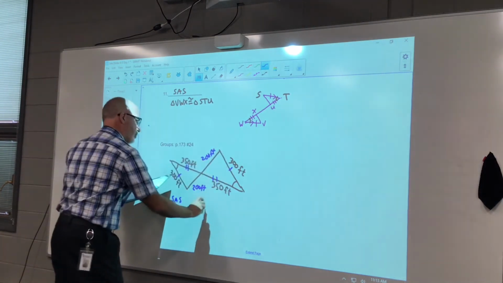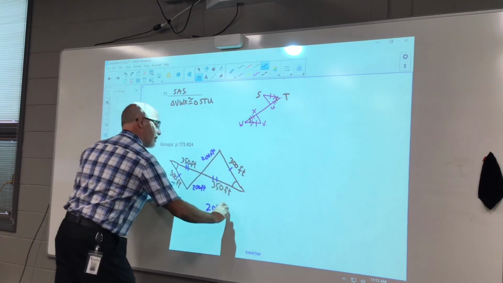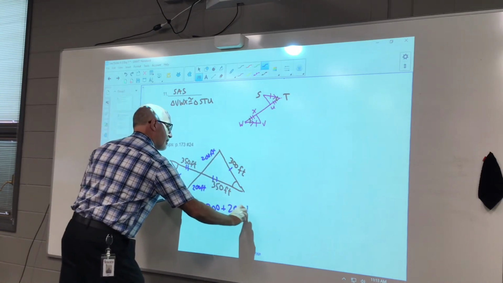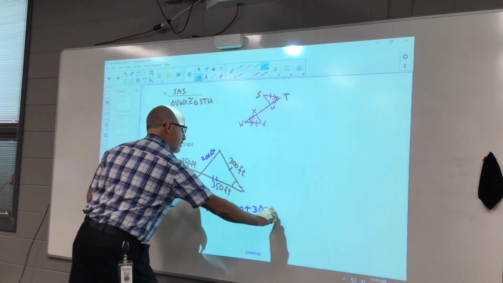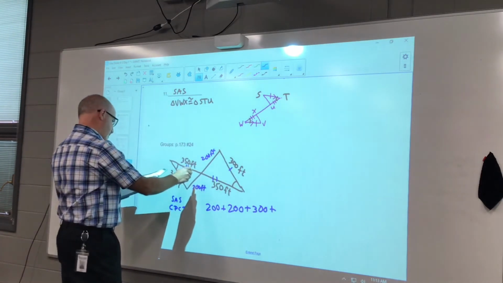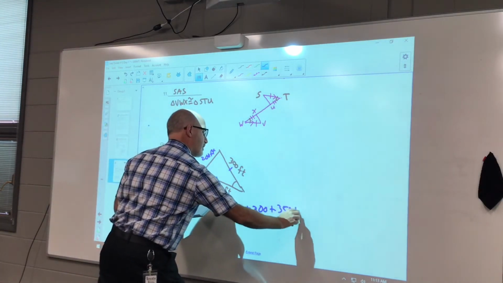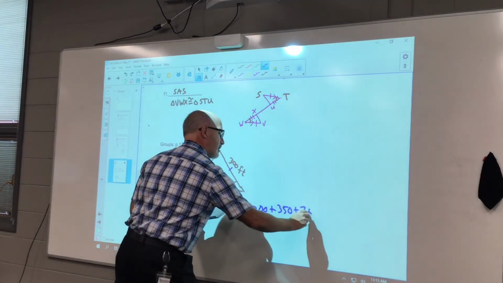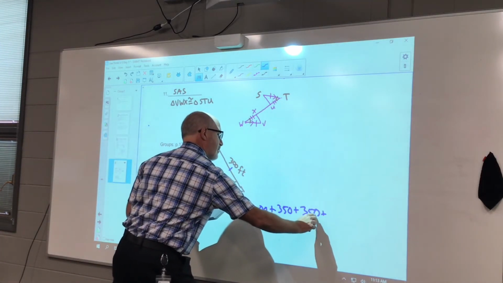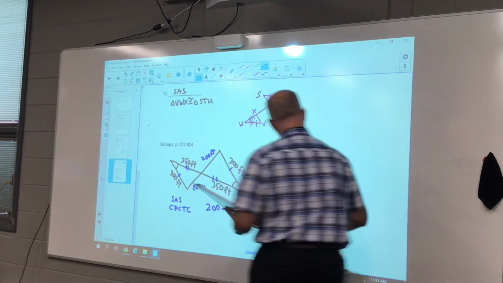So we're going to have 200 plus another 200. Then they make a turn, that's plus 300. Then they make another turn here, and that's 350. And then that's another 350. And then they finish it off by coming back to the beginning, that's 300.